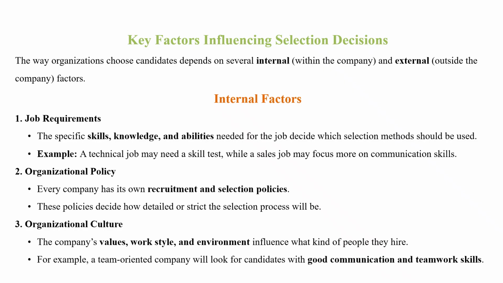Every company or organization has its own recruitment and selection policies. Some policies follow a very strict hiring process with multiple interviews and tests, while others may have a simple process with only one interview. These policies help to maintain fairness while selecting the employee.